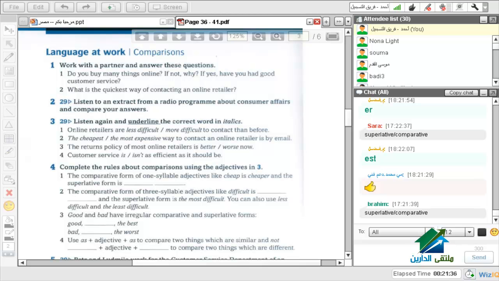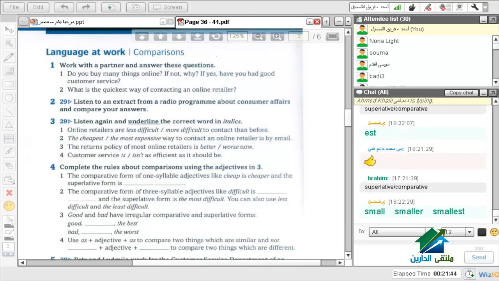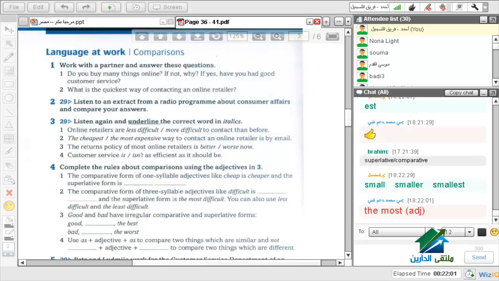Superlative, when you are comparing something with a group of things or a group of people or group of persons, you can say. So let's practice exercise number 1 and we will check. Good job. Smaller is a comparative form, but smallest is the superlative, and actually you need smaller than and the adjective and est.